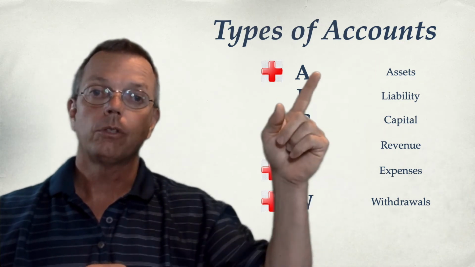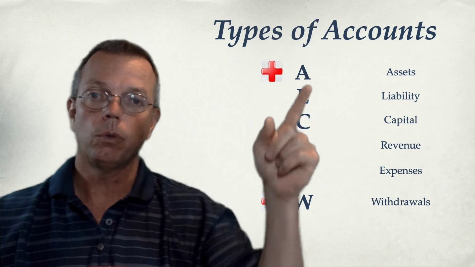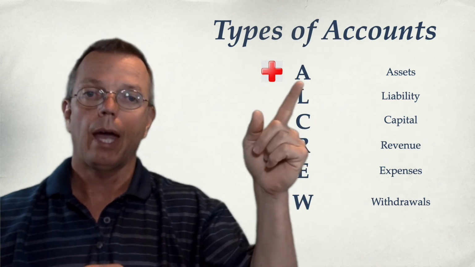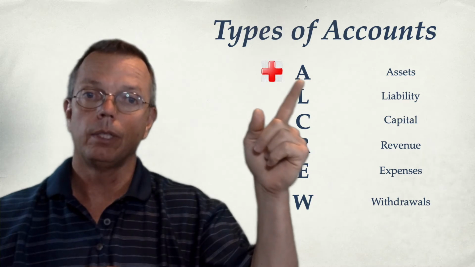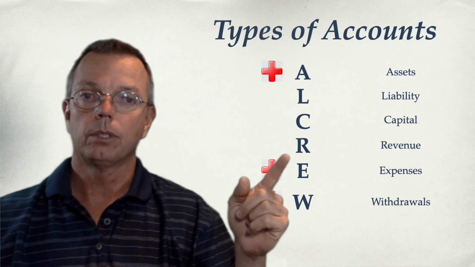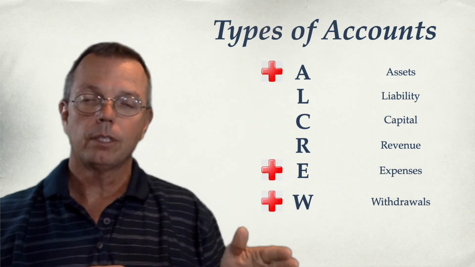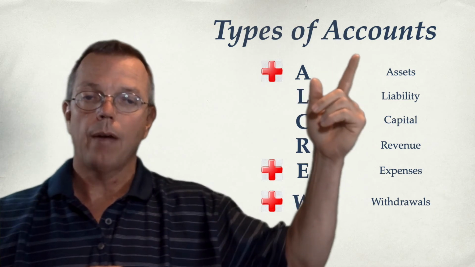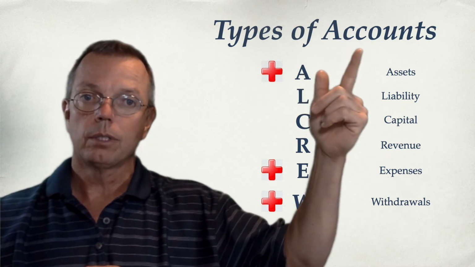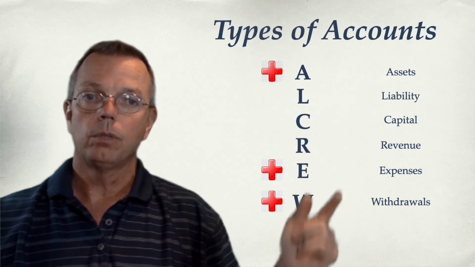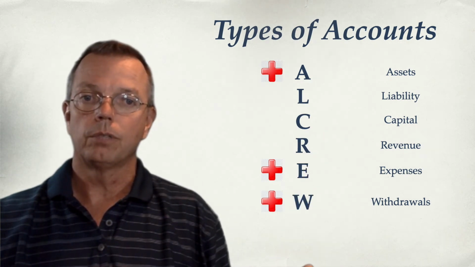Since these are the only pluses on the left-hand side, liabilities has to be a minus or a decrease. Capital must be a decrease. Revenue must be a decrease. So now we know all of the left-hand side, and we can fill out the right-hand side: increase for liabilities, capital, and revenue, decrease for expenses, and decrease for withdrawals.